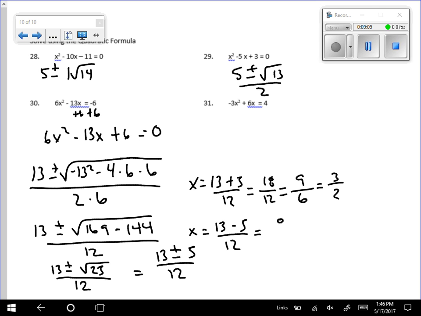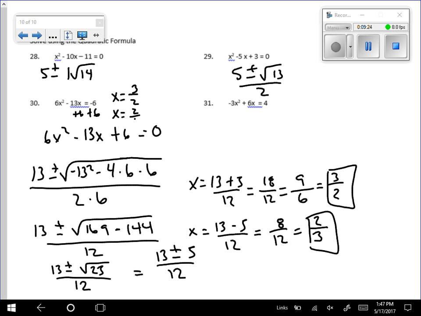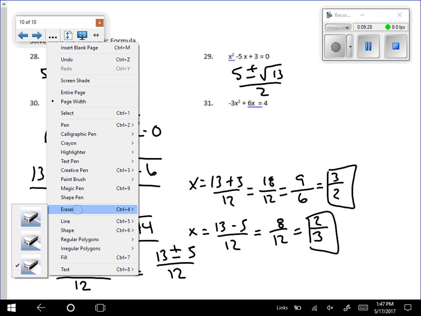So then we would have 8 twelfths here, so divide by 4, we get 2 thirds. These would be our 2 x values. So x could equal 3 halves, or x could equal 2 thirds. One left, here we go.